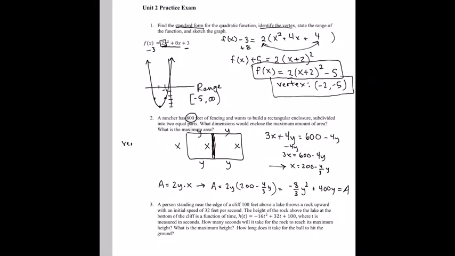So the vertex, if you remember from section 3.1, was the opposite of b divided by 2a, where this is b, so that's negative 400 divided by 2 times a, and this is a right here. 2 times that is 2 times negative 8/3. So this is 400 divided by 16/3.